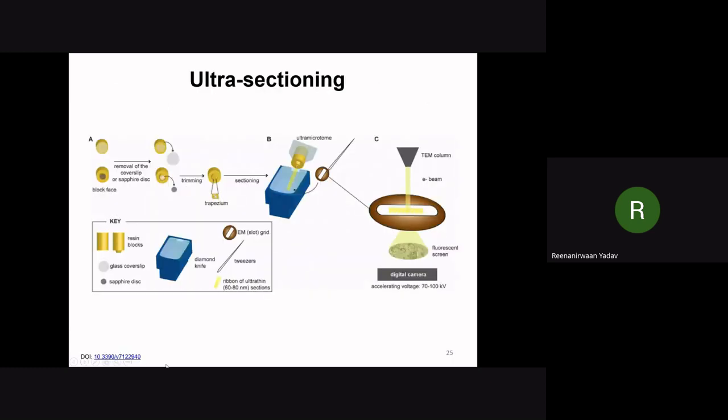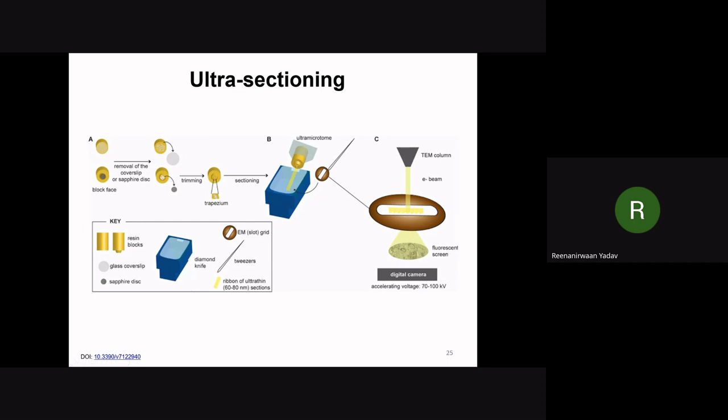Then come to the ultra sectioning. So we are having our block ready for cutting. First we have to chop the surface of the block to make a trapezium, which is generally 1 mm in size. And then by aligning our ultramicrotome along with the knife edge, we can do cutting.